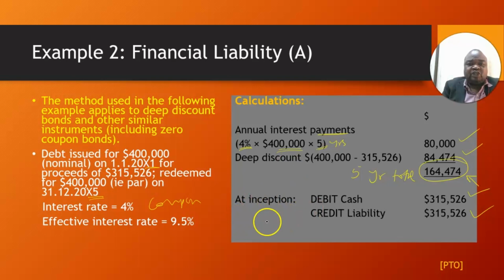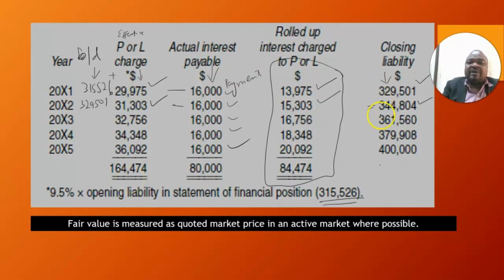So in the examination, you will be led by the examiner himself. So here we are told that the debt will be redeemed for 400,000, that is at par on 31 December 2025. So the moment you reach the 400,000 mark there, it simply means that you have reached the redemption value.